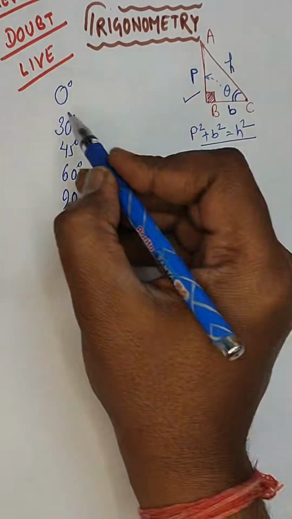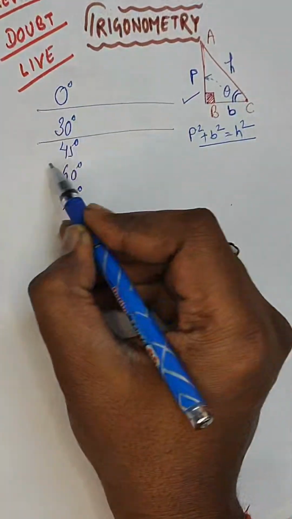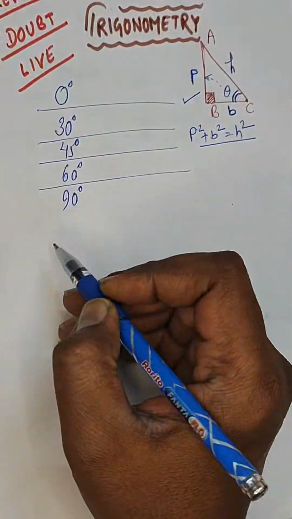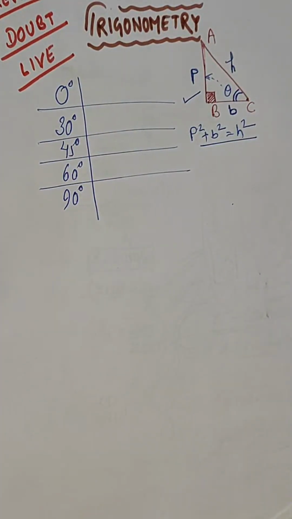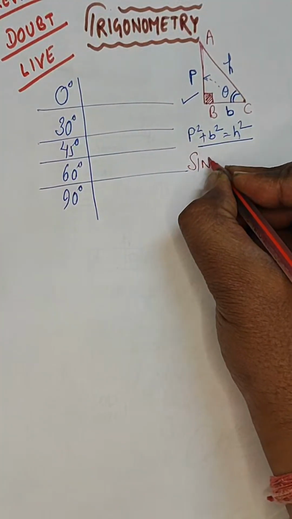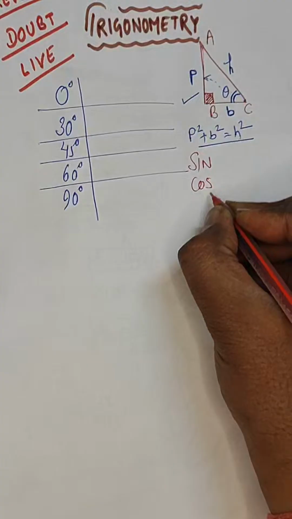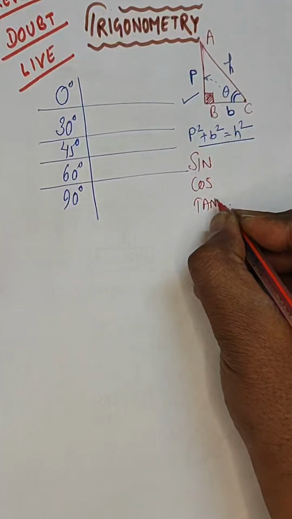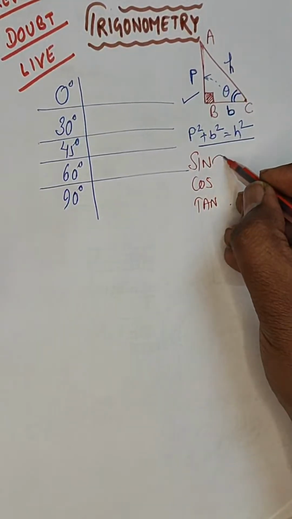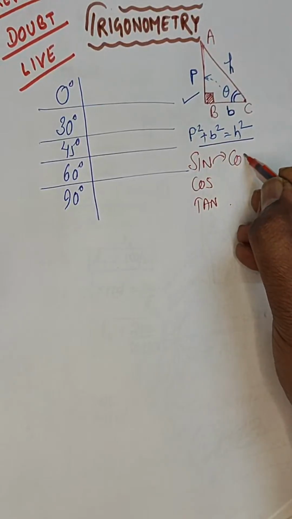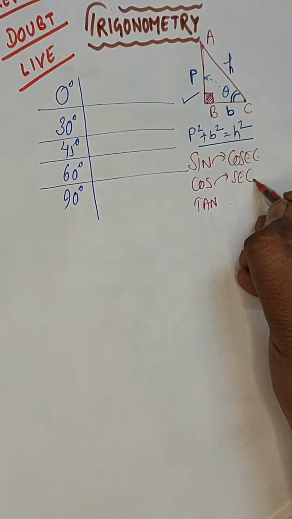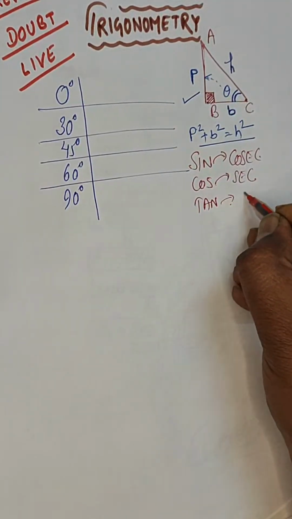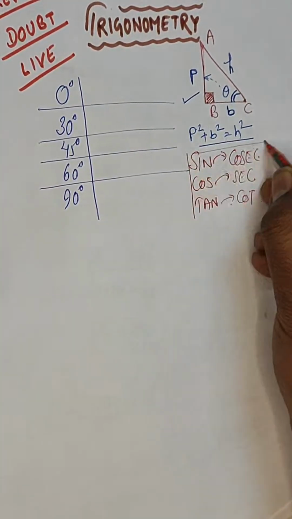For the trigonometrical ratios, the ratios you need to remember are sine, cos, tan. And opposite to sine is cosec, opposite to cos is sec, and opposite to tan is cot. That you need to remember quickly.